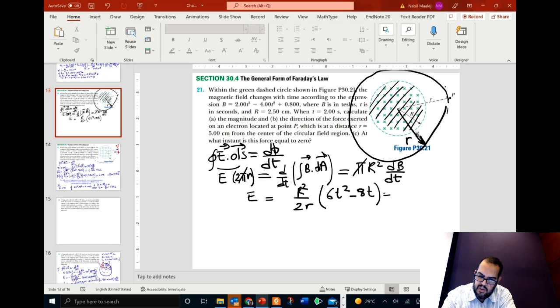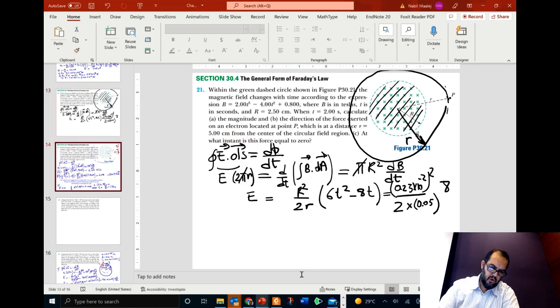This is going to be 0.25 times 10 to the minus 2, the radius squared, divided by 2 times r, which is 5 centimeters, so 0.05, times 6 t squared, with t equal to 2 that is 24, minus 16, that's 8.